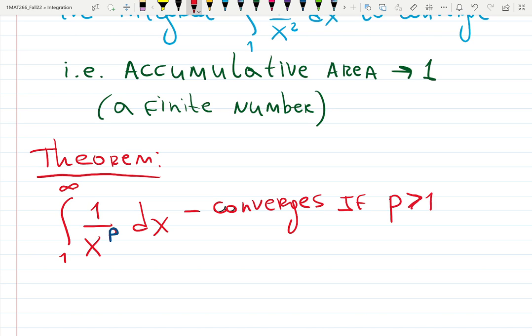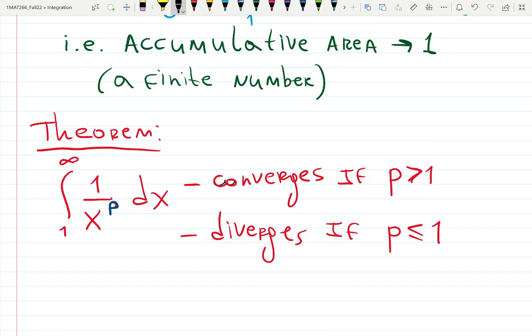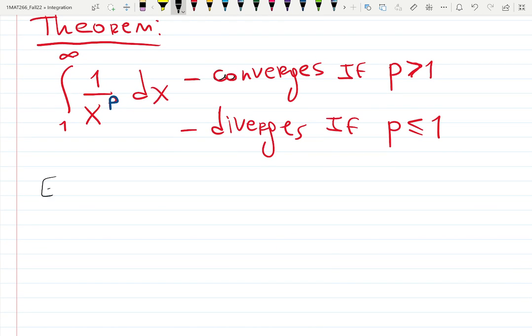So x squared, x cubed, 1 over x to the 5, 1 over x to the 100 will converge to some number. But then it blows up, which is diverges. Otherwise, if p is less than or equal to 1: if it equals 1, it's the 1 over x case, which is log. But if it's less than 1, it also blows up.